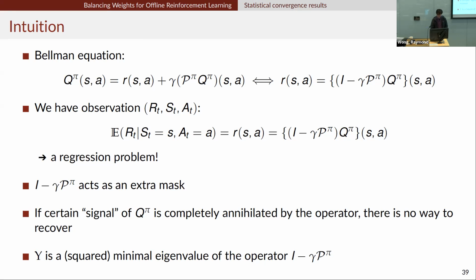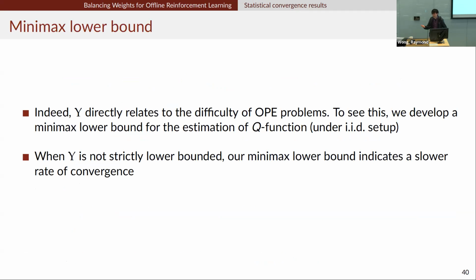If there is any signal of Q that's completely canceled or removed by the operator, we are not able to recover that based on our knowledge of the reward function R. So that's why it's important. And that is also the reason why you want to look at the minimum eigenvalue of this operator. Okay. And those are heuristics.